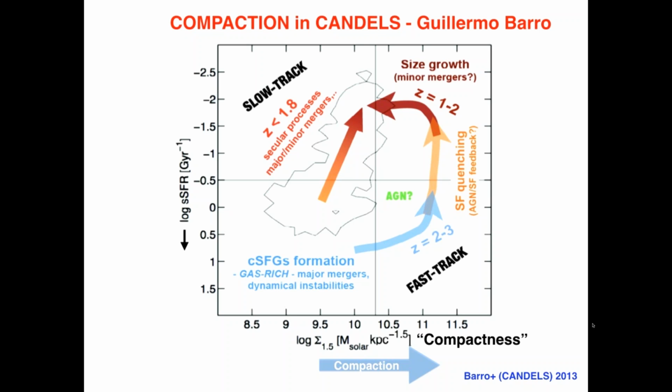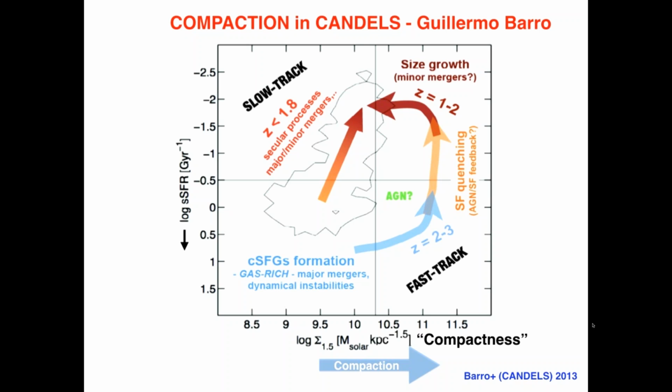Upper left, increasingly non-star-forming galaxies that are fairly diffuse, not so compact. We call two different tracks, the fast track and the slow track. More massive galaxies tend to follow the fast track. They start as fairly large galaxies, but then the half-light radius dramatically shrinks, and they become what we call blue nuggets.